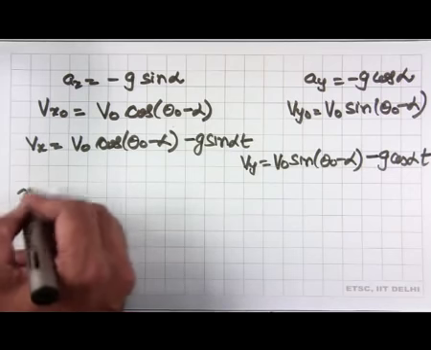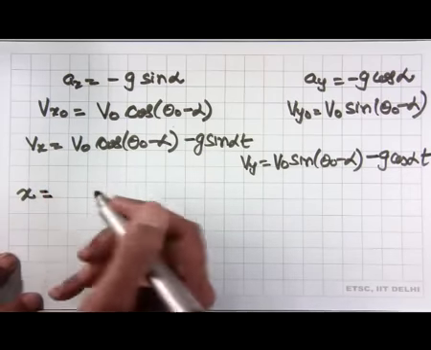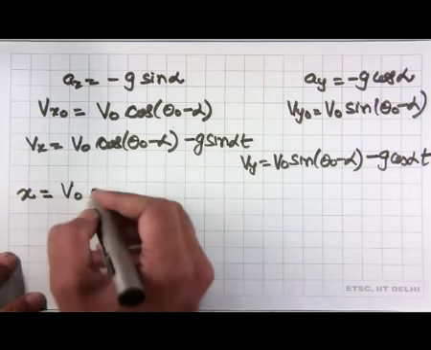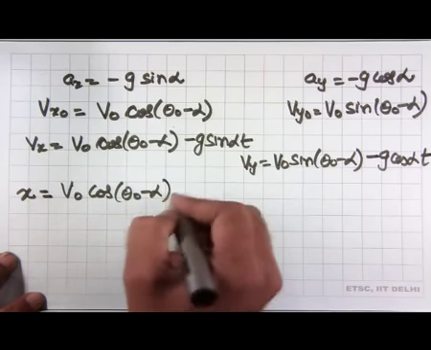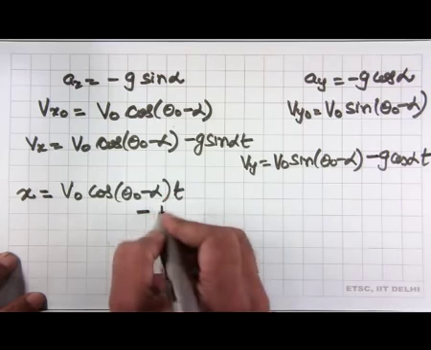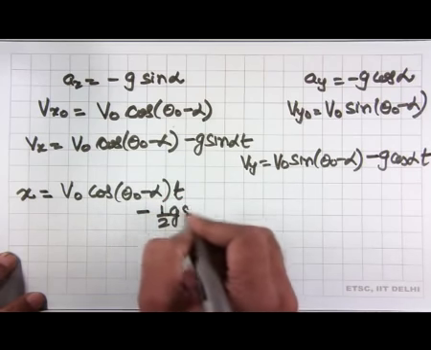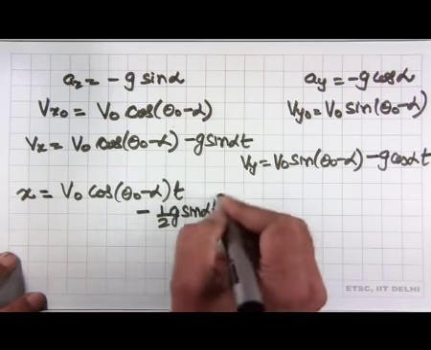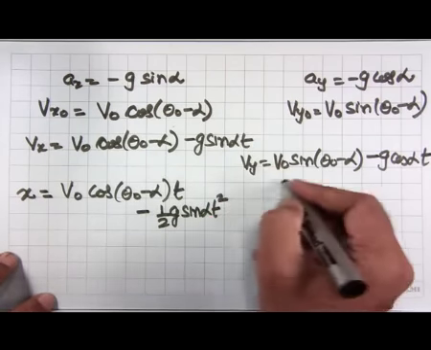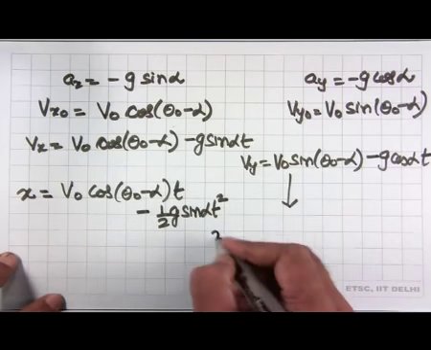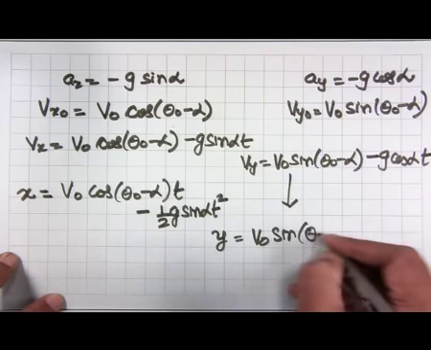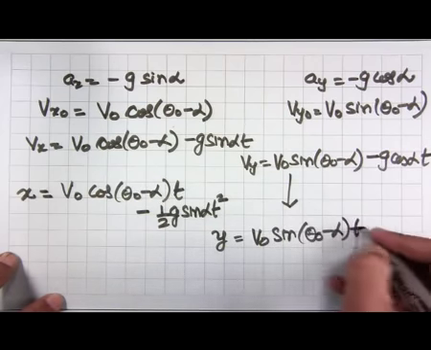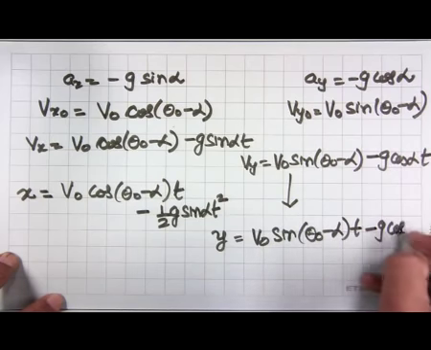For the x component, x is equal to v0 cosine of theta 0 minus alpha t, minus half g sin alpha t square, and y is equal to v0 sine of theta 0 minus alpha t, minus g cos alpha t square by 2.